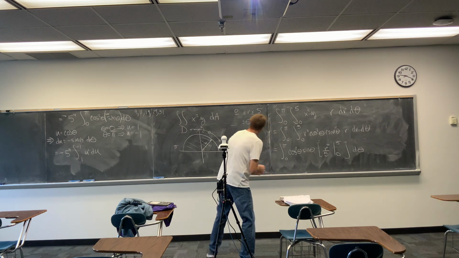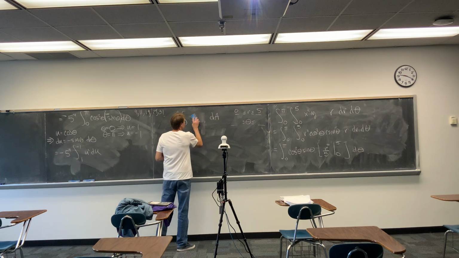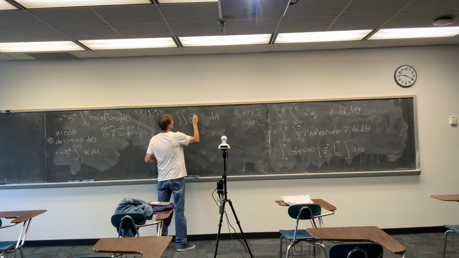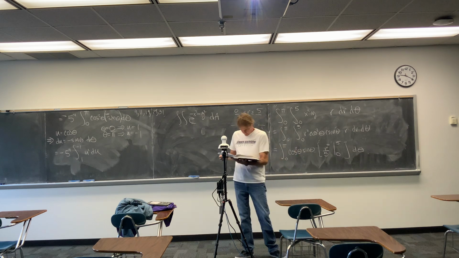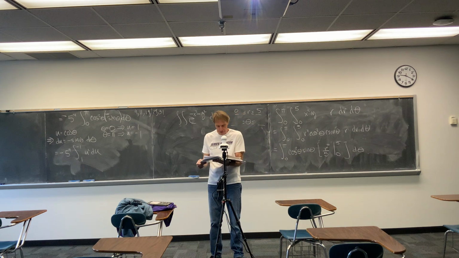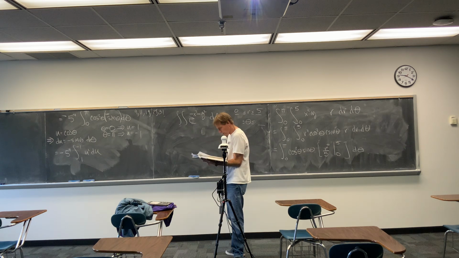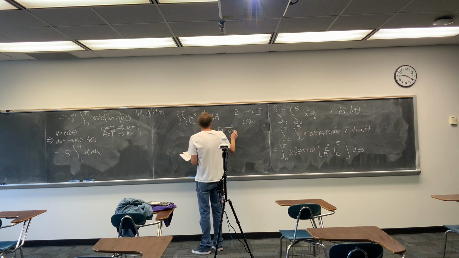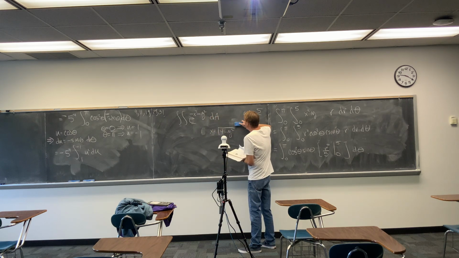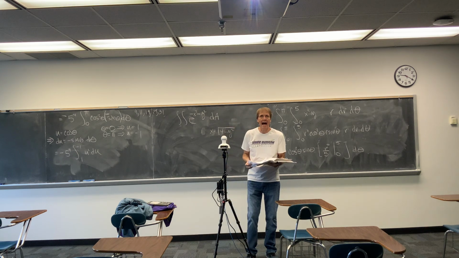So I'll just switch this up a little bit for us. This is what they're telling us, where D is the region bounded by the semicircle x equals the square root of 4 minus y squared and the y-axis.